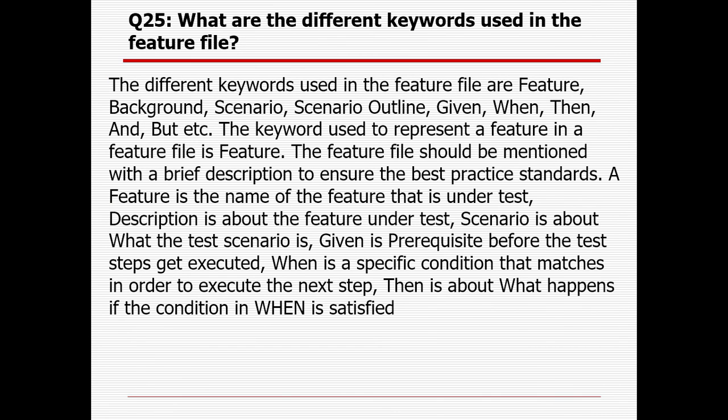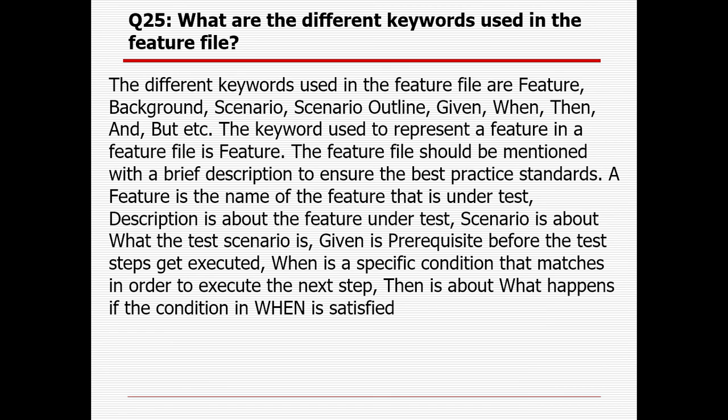Then what are the different keywords used in a features file? The different keywords used in a features file are feature, background, scenario, scenario outline, given, when, then, and, but, etc. The keyword used to represent a feature in a feature file is called feature. The feature file should be written with a brief description to ensure best practice standards.